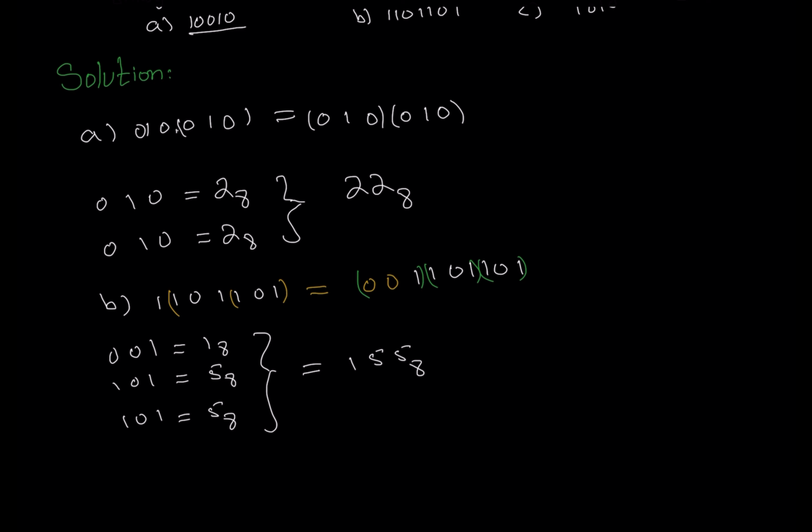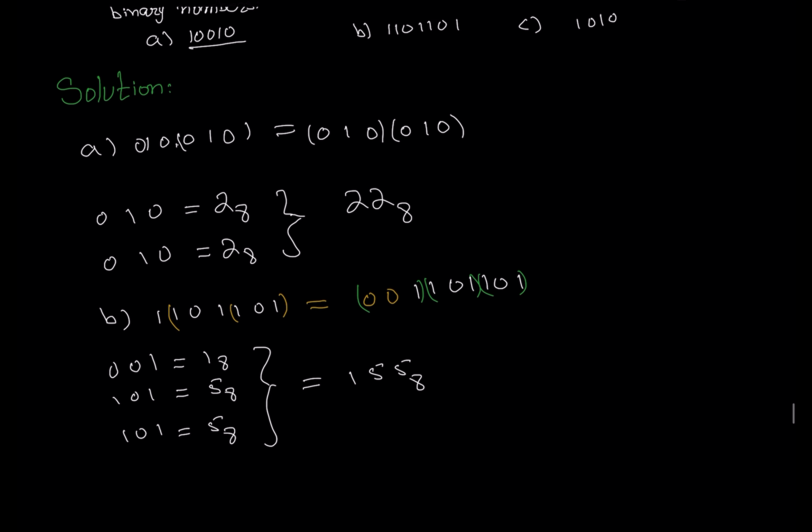So B was, the given was 1 1 0 1 1 0 1, which is, that's how it should be, because we need 3 digits for that, and we had 3 here, we had 3 in there, we were missing 2, so we just added 2 more digits there. 155 base 8 is equal to 0 0 1 1 0 1 1 0 1.